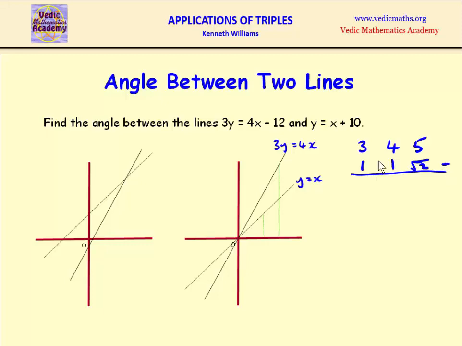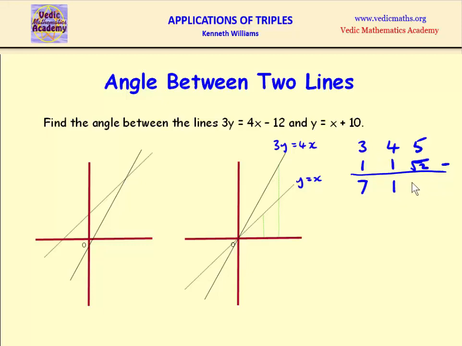And we're going to subtract, so we multiply vertically in the first two columns and add. 3 times 1 is 3, 4 times 1 is 4, 3 and 4 is 7. For the next element, we start here and cross multiply and subtract. So we have 4 take away 3. 4 times 1 is 4, 3 times 1 is 3, 4 take away 3 is 1.